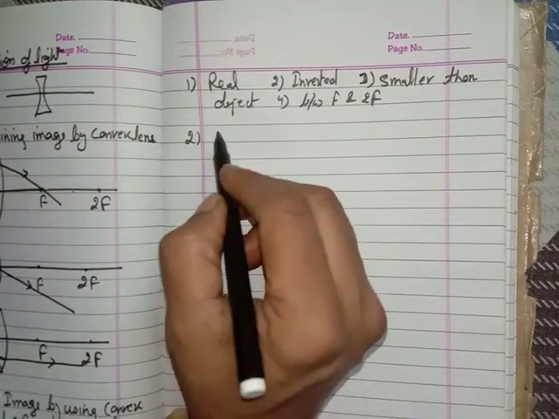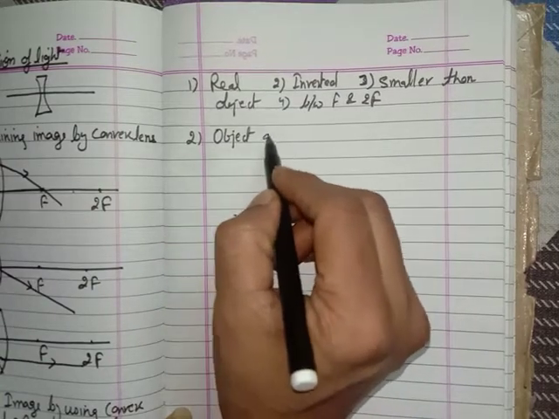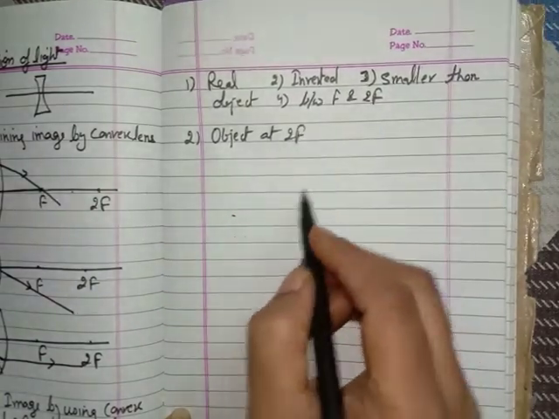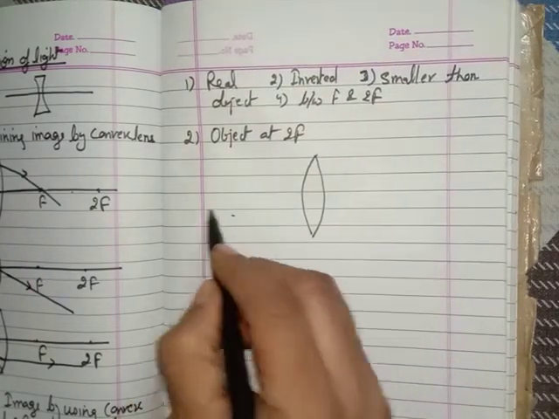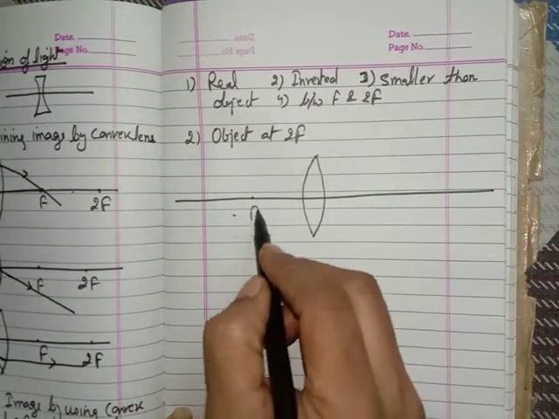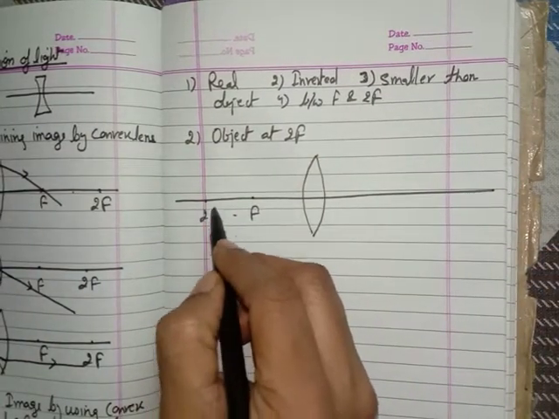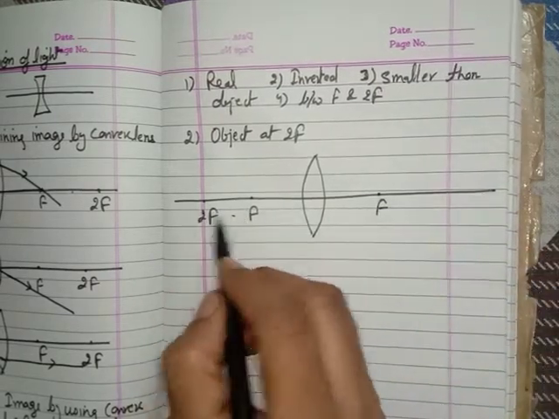And what will happen if we place the object at 2f? Object at 2f. Okay, so this is our convex lens, and this is the principal axis and this is the principal focus.